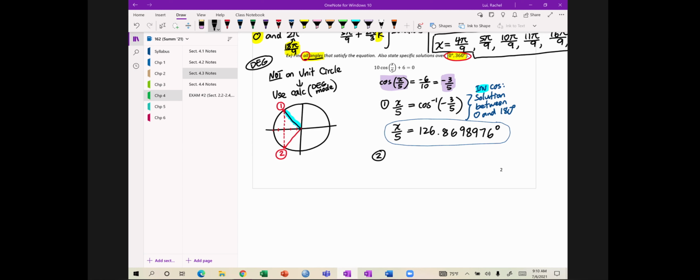We do 360 degrees minus 126.8698972. Excellent. If we are working with sine, it would be either pi or 180 degrees minus first to get second. Here we're working with cosine, so we use 2 pi or 360 degrees minus first solution to get second.